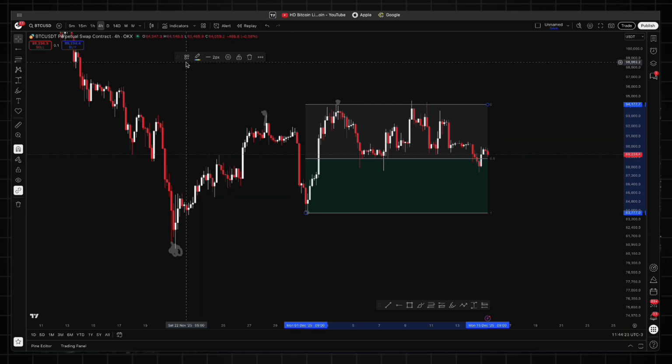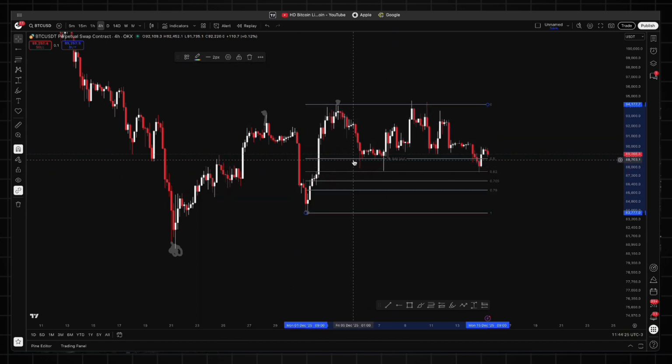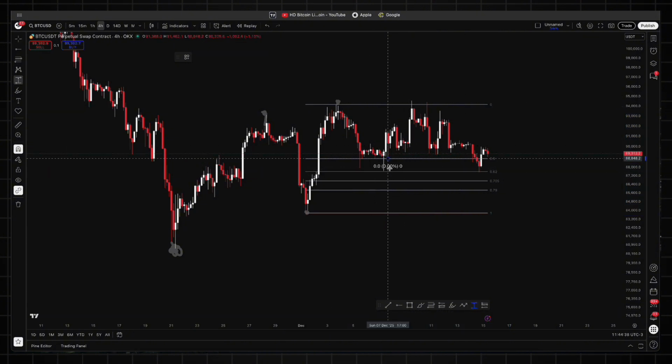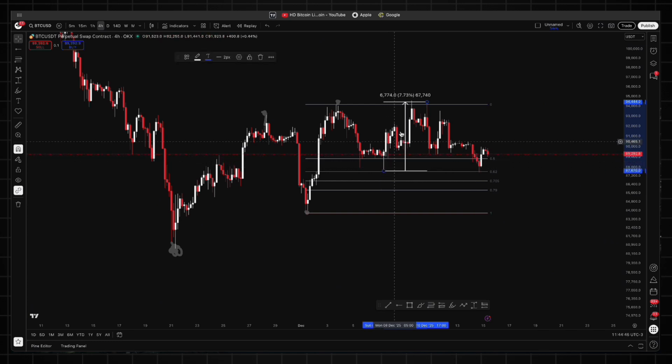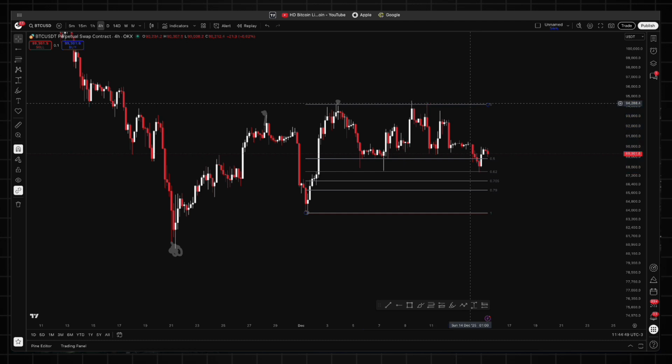We already immediately understand from this OTE grid that the price interacted with the equilibrium, with the median, with the 0.5 level, and almost reached 0.62 here. And it was also possible to take a short position and capture this move, about 8% of pure movement. Great. I hope we figured it out.